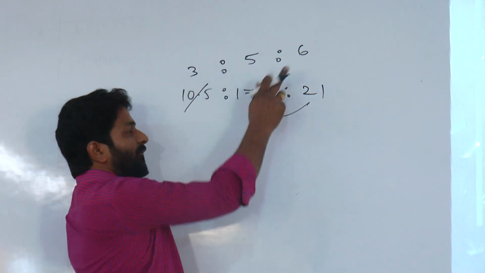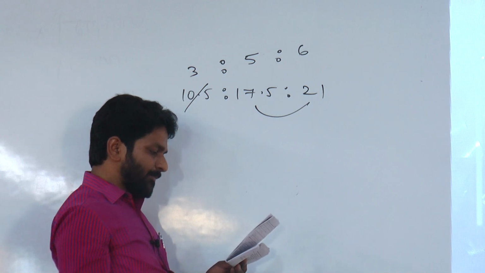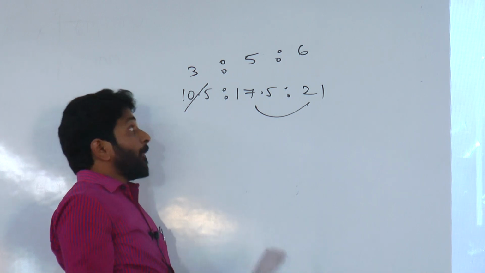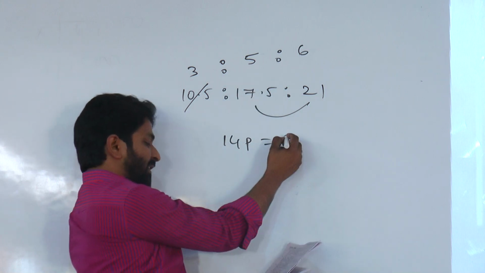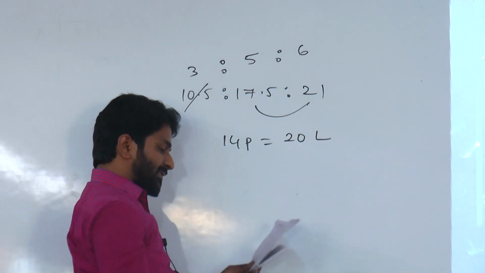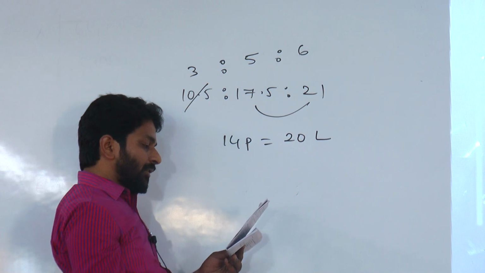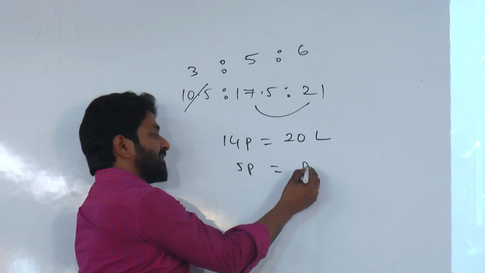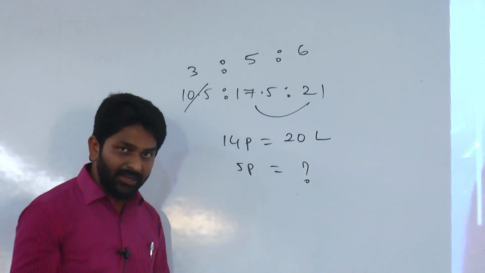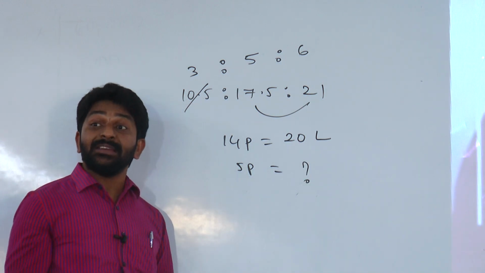Fine. Profit sharing ratio is 3:5:6. Total how many parts do we have? So 14 parts is equal to 20 lakhs. We asked about Sunil, who is the second person. Sunil is getting 5 parts. 5 parts is equal to how much? And after that again you need to calculate what percent.